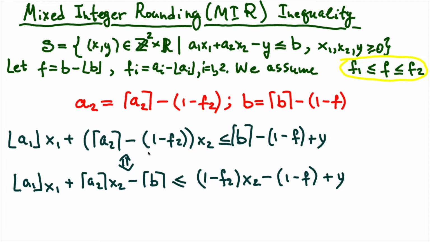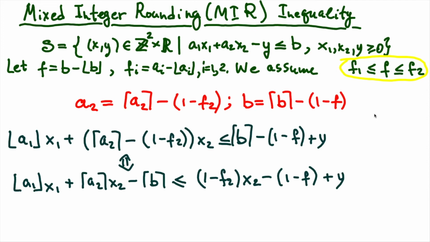And then for a2, we replace it with the difference of the ceiling of a2 and 1 minus the fractional part of a2, just like we specified here. And we do the same thing for b actually. b is also represented as the difference of the ceiling of b minus 1 minus the fractional part of b. Alright, and then we keep y unchanged, we just move it to the right-hand side.